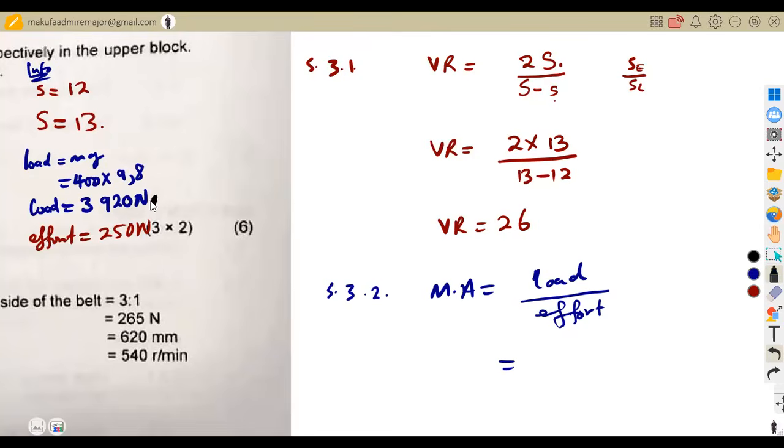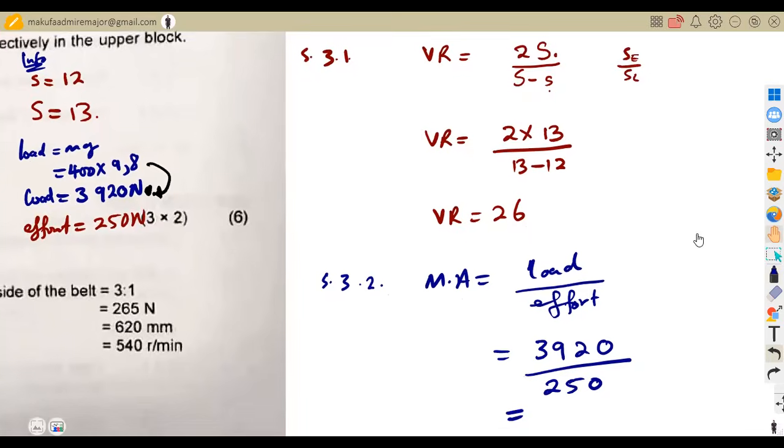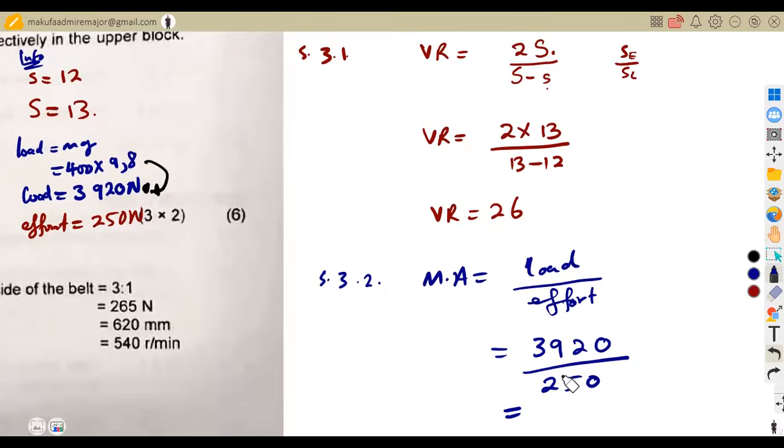So from the mass that you are given, you calculated this load in newtons, which is 3,920 divided by the effort. We have the effort in this case of 250. So this one is going to give us the mechanical advantage, which is going to be 15.68. This one simply divide direct on your calculator. All right.